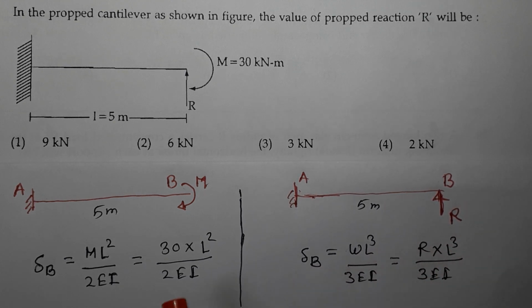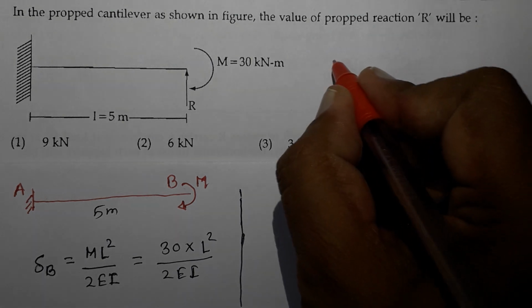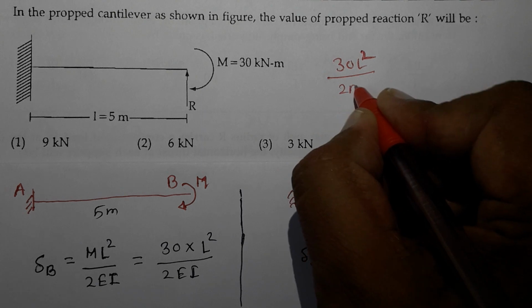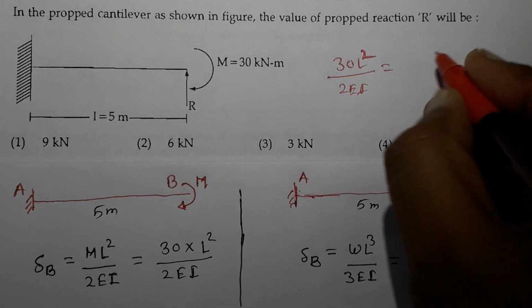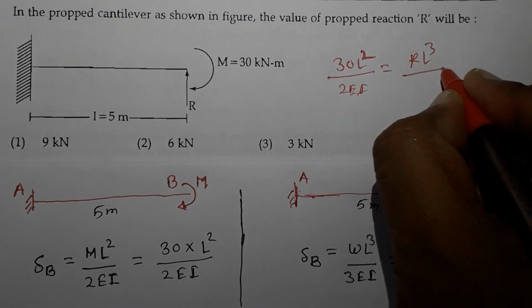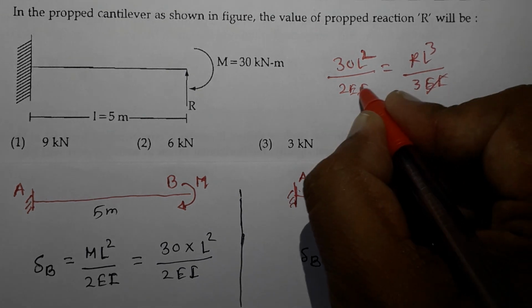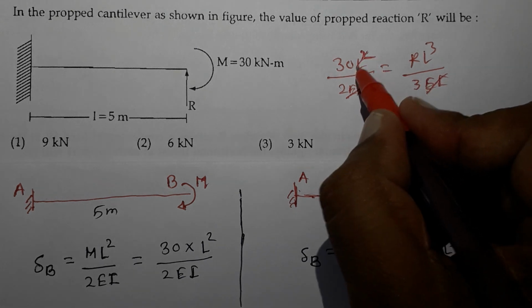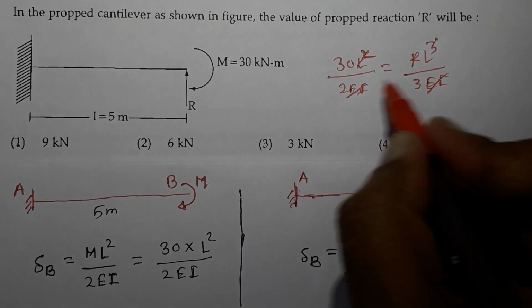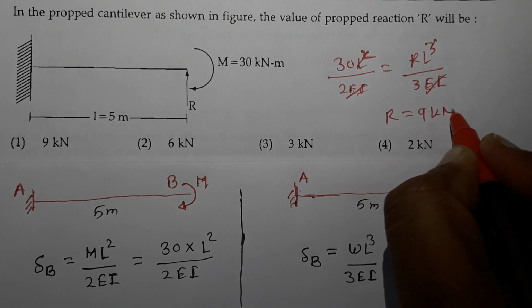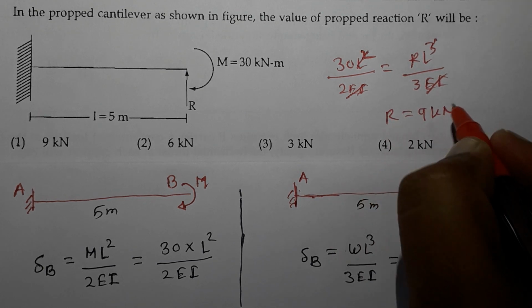Now these two deflections must cancel each other, and that is why I will have to equate these two deflections, and therefore 30 times L square divided by 2EI is equal to RL cube divided by 3EI. EI will get cancelled out, L square will get cancelled out, and you will get the final value of R equal to 9 kilonewton. So the correct option is option 1.